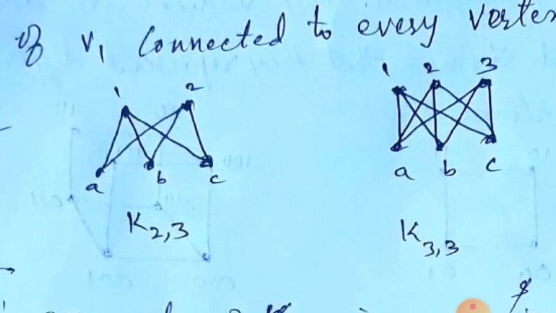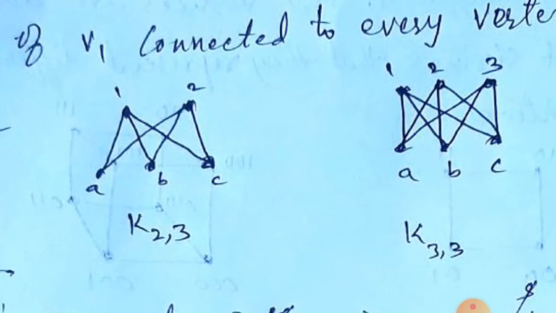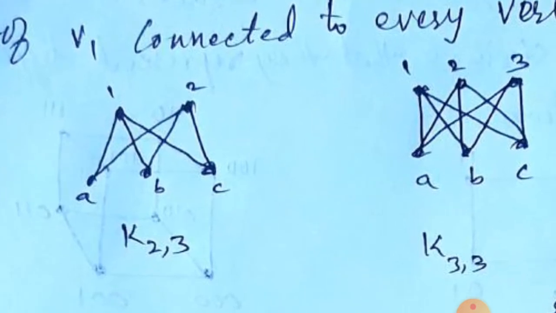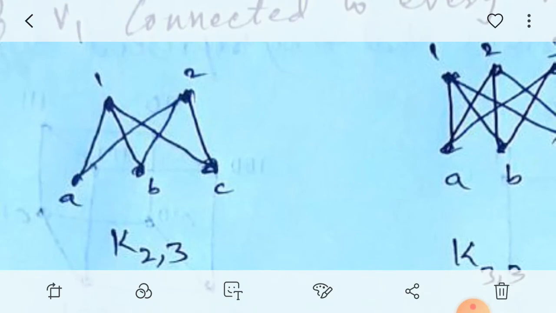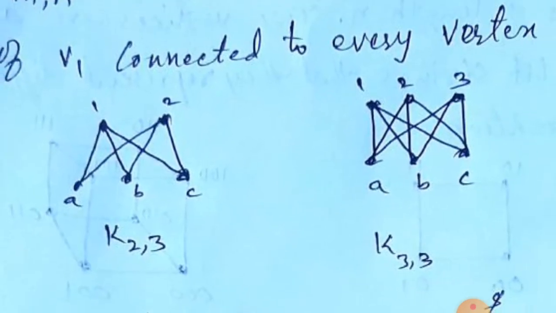Now observe the vertex 1 is adjacent to every vertex A, B, C. Now observe the vertex 2 is adjacent to A, B, C, every vertex in the other set. Adjacent means there is an edge from this vertex to every vertex in the second set.